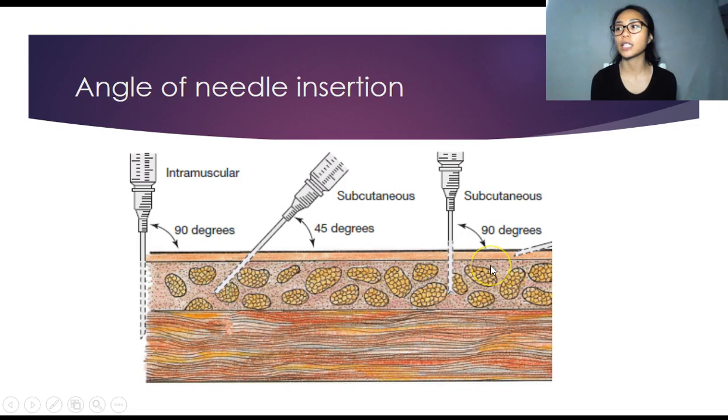Remember, best practice as recommended by the Joanna Briggs Institute was to use the pinch-up technique with a 90 degree injection, and not if you're using a 45 degree angle. And we're about to head into intramuscular injections, which go at a 90 degree angle and use a longer needle length. So hopefully this helps you to visualize where we're at.